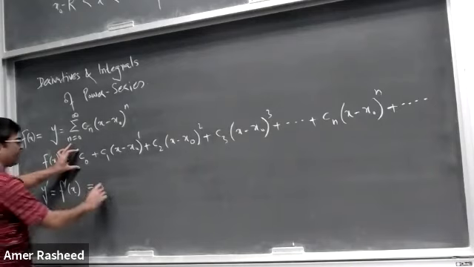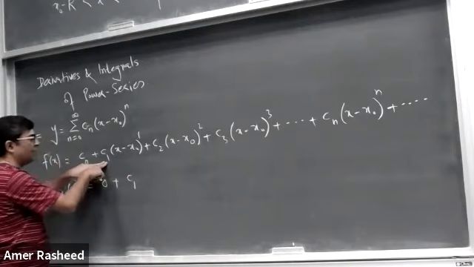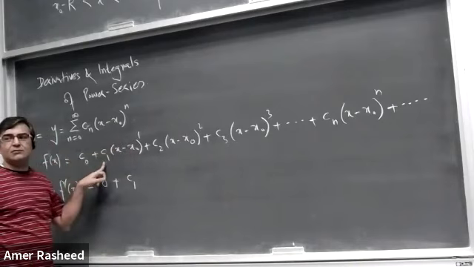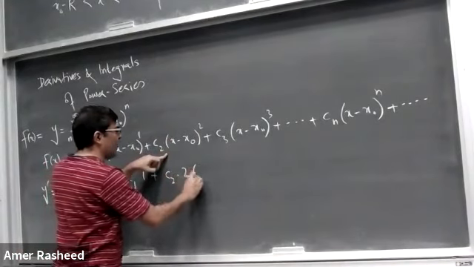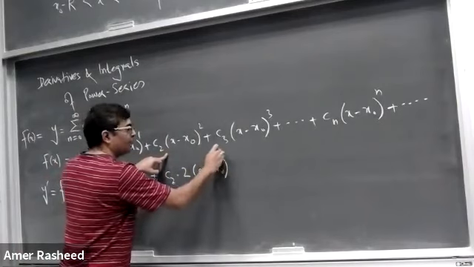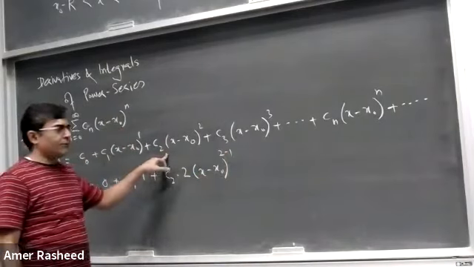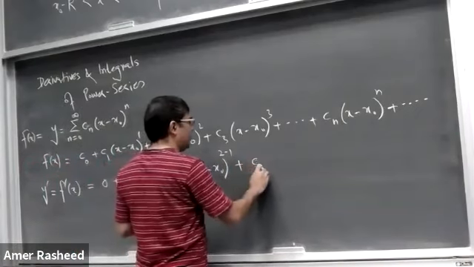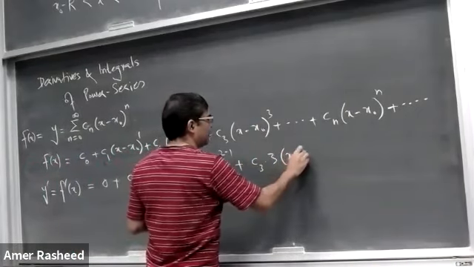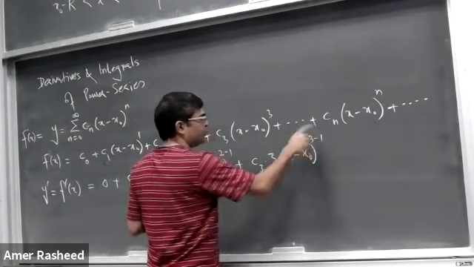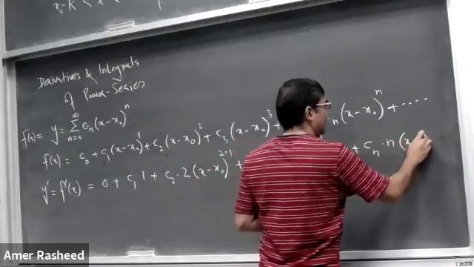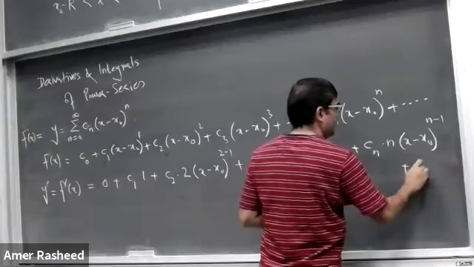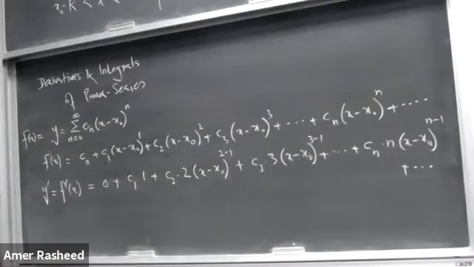Here you have a constant, it becomes 0, plus C1 is a constant times the derivative of x minus x naught, which is 1, plus C2, the derivative of this thing is 2 times (x minus x naught), power 2 minus 1, which is 1, obviously, the power rule, plus C3, the derivative of this thing is 3 times (x minus x naught) whole raised power 3 minus 1, which is 2, plus so on, plus Cn times n (x minus x naught) whole raised power n minus 1, plus so on. So this should be the derivative of the power series.